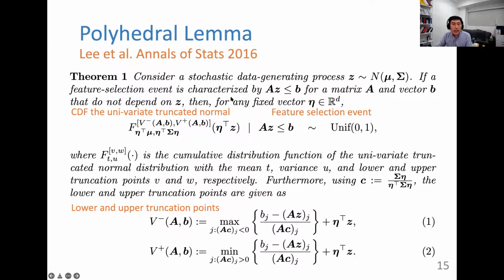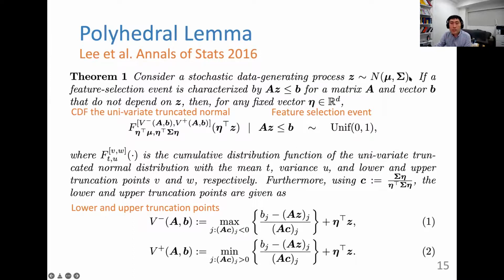Then I want to explain the polyhedral lemma. Theorem 1: consider a stochastic data generating process Z, following a normal distribution with mean mu and covariance sigma, where Z is a D-dimensional vector.